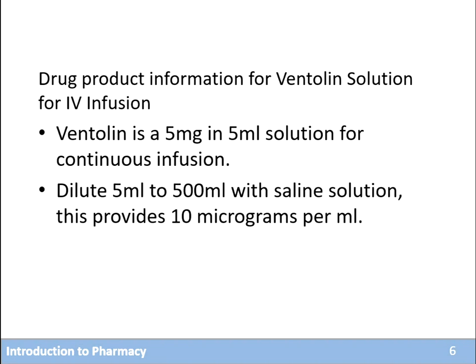So what we need to do is to dilute that 5 ml to 500 ml with saline solution. This is because we get a 500 ml bag of saline. And what that does, that means that for every milliliter we now have 10 micrograms of salbutamol. Remember that in the Ventolin, we have 5 milligrams in 5 ml. We've diluted that down, so we now have 10 micrograms per ml.